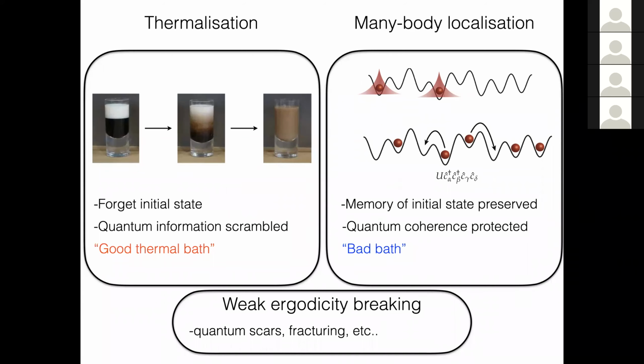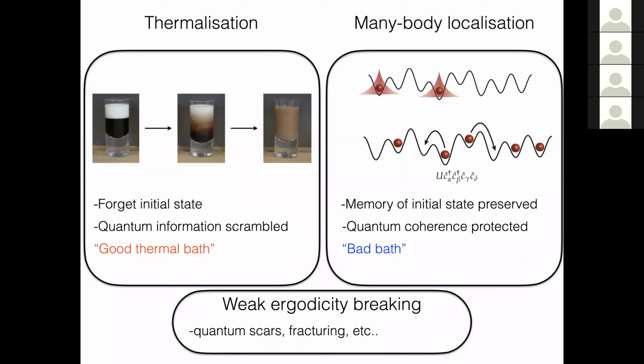A second possibility is many-body localization. In that case, because of disorder, your system preserves the memory of the initial state, and in some sense quantum coherence is locally protected because you have a lot of local integrals of motion. In that case, you say that the system is a bad bath.